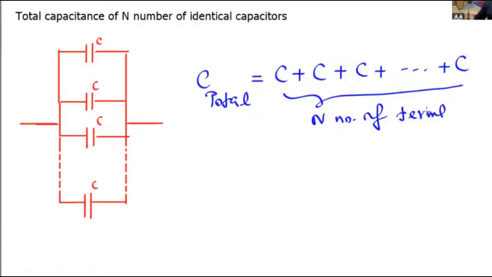Then we can write nC. That is the total capacitance of n identical capacitors. C means here the capacitance of one capacitor, the capacitance of a single capacitor.